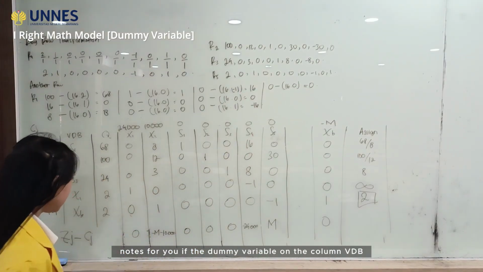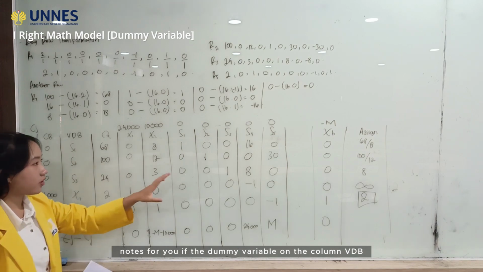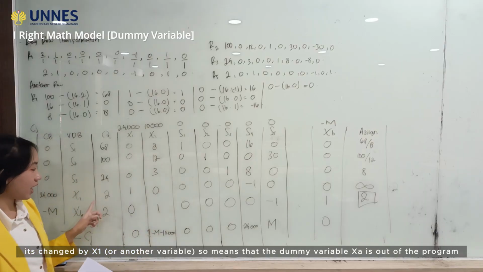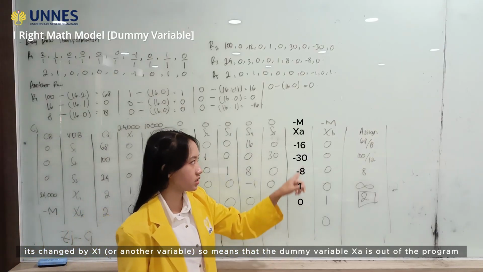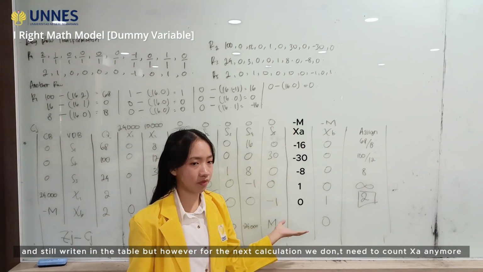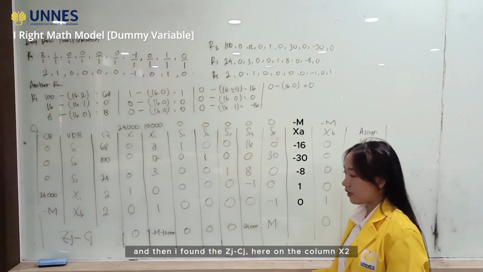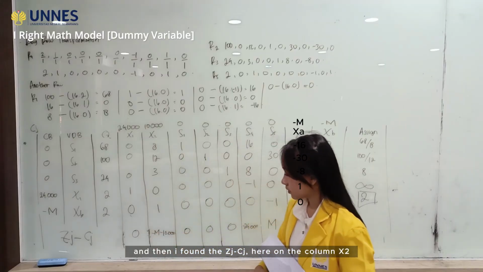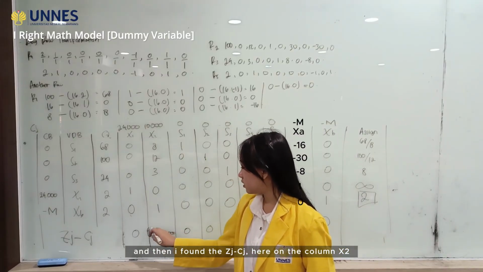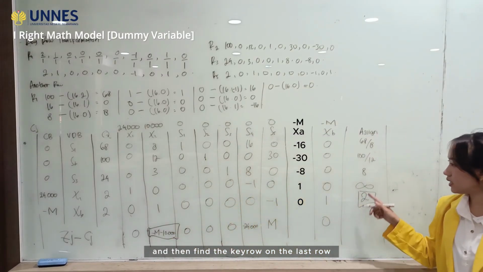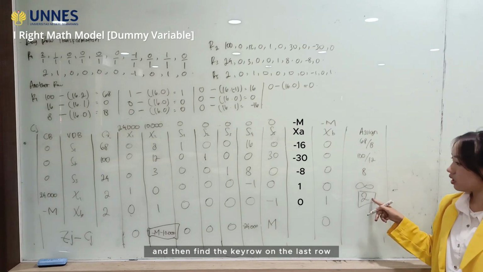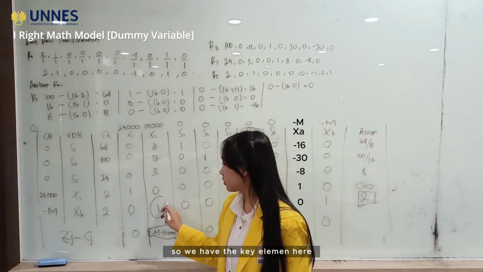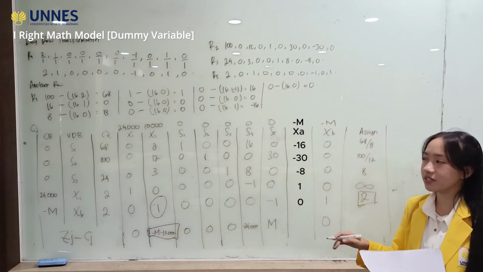Now, the dummy variable in the column VDB is replaced by x1, which means XA is out of the program and is still written in the table. However, for the next calculation, we don't need to count XA anymore. And then I found the minimum Cj minus Zj here on the column X2, and then find the K row on the last row. So we have the K element here, and it's the same step.